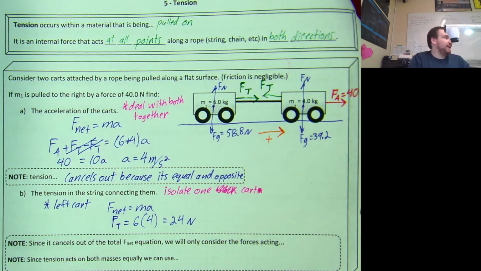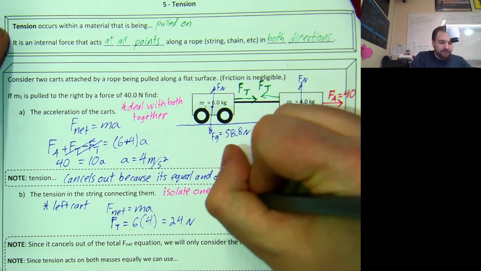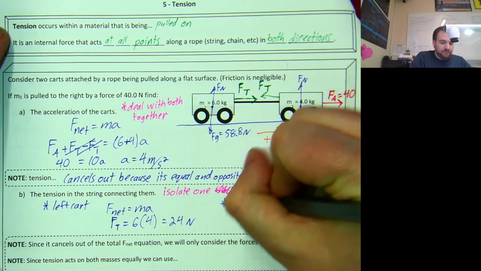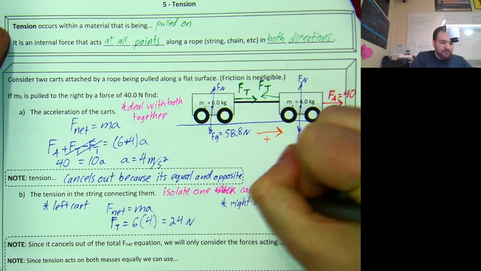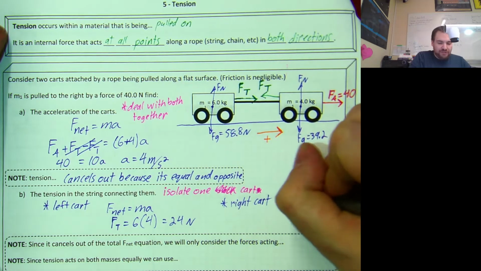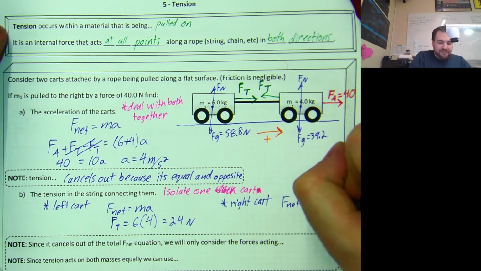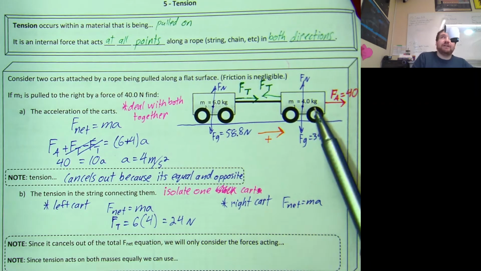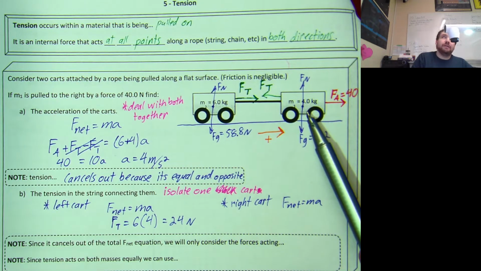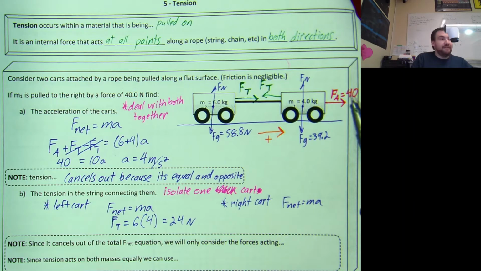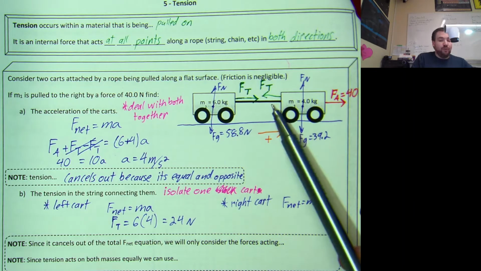What if instead we had isolated the right cart? It's a little bit more work. Let's show it though, just so we can see it. F net equals ma. If I had isolated the right cart instead, what forces are acting in the direction of motion on the right cart? Applied force and tension, and which one of those is positive?